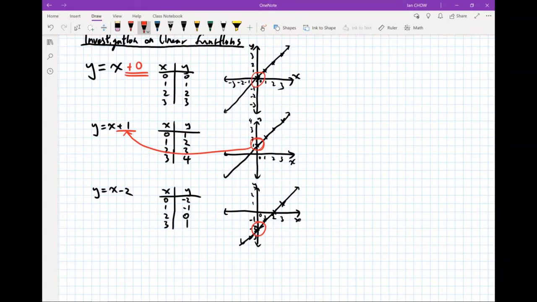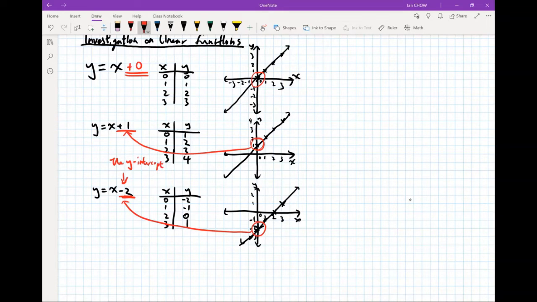And of course, our y of -2 corresponds to our -2. So our +0, +1, and -2 actually affect where the line would cross our y-axis. In fact, in grade 9, you would learn that this is called the intercept. But I'm going to teach it a little bit in advance. This is called the intercept.